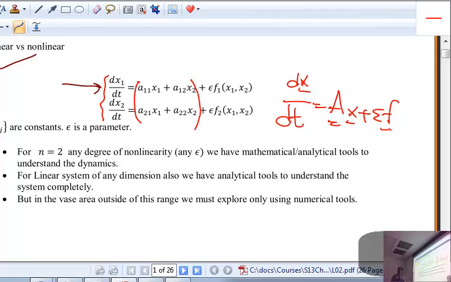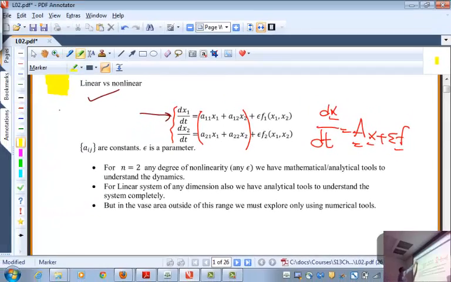But what do we know about such systems in the current state of knowledge? If n is equal to 2, that is, the state of the system is 2, then we know there are powerful analytical tools to study any degree of nonlinearity. So for any value of epsilon, we can analyze the system.